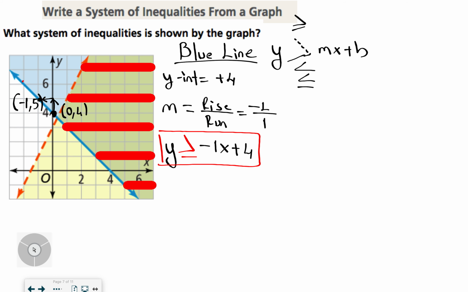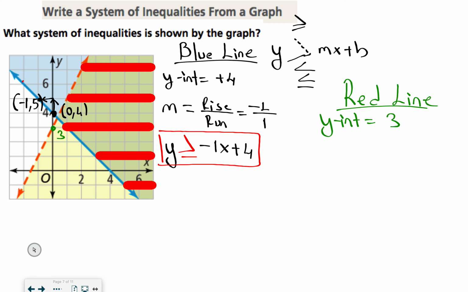Now I am going to find the red line. Since this is the dashed line, we know that your inequality doesn't include an equal sign. Okay, what am I going to do? Find the y-intercept. Your y-intercept is +3. And now slope.